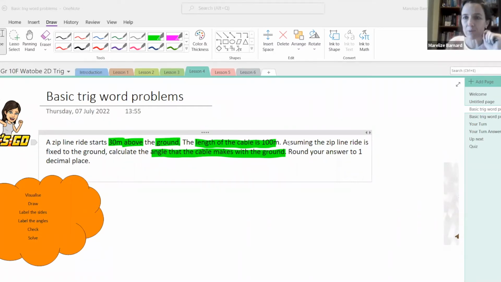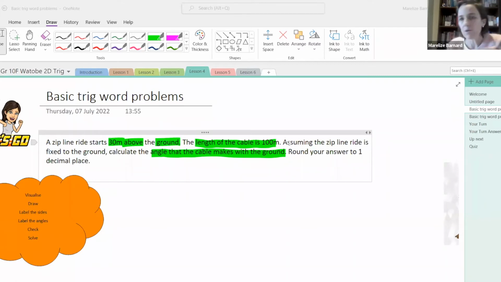Make a very simple diagram of what the situation is. I'm going to give you about a minute to do that. Just picture it and then draw it.